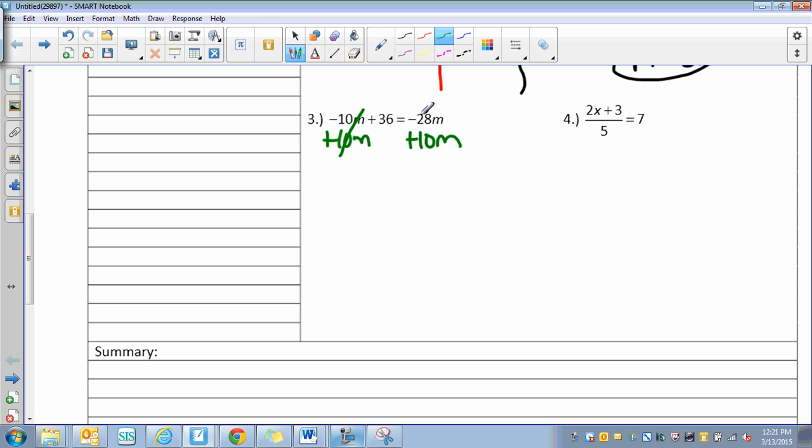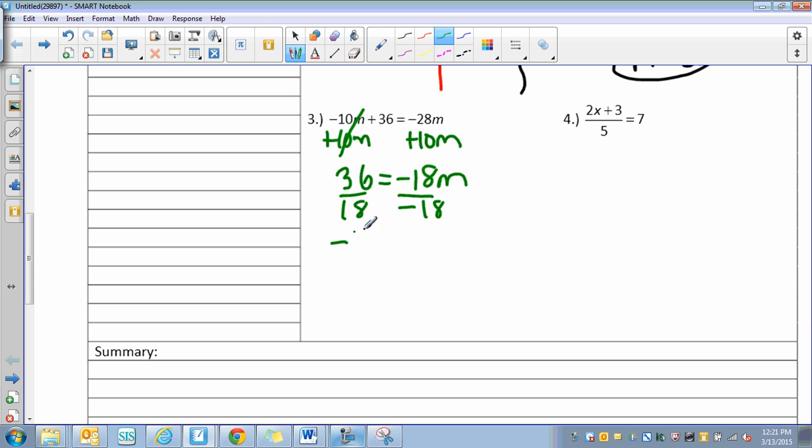So we have negative 10m plus 10m cancels out. Negative 28m plus 10m. Again, we can combine the coefficients. So we have 36 is equal to negative 18m. And now we have a one-step equation to solve. So we can divide by negative 18 on both sides.